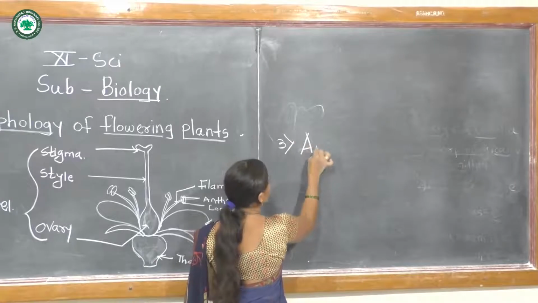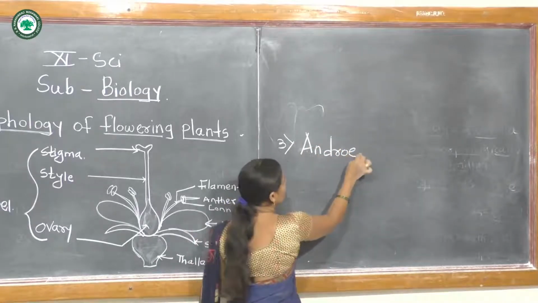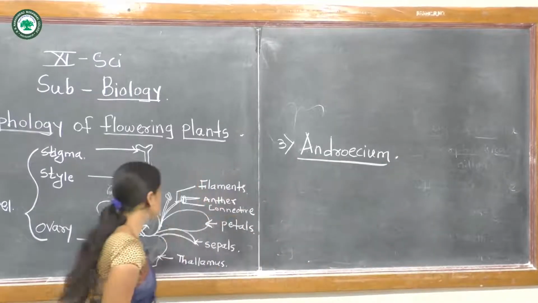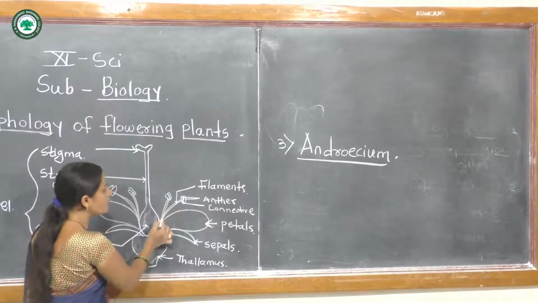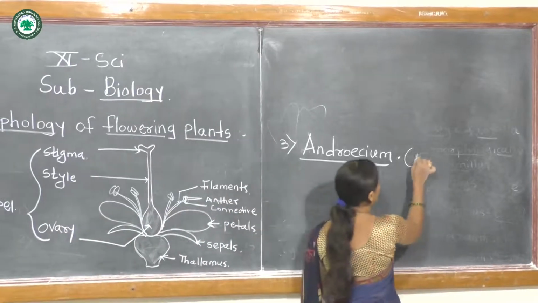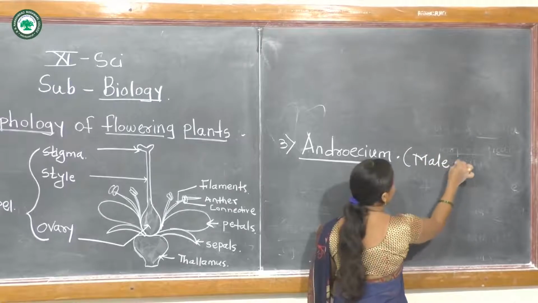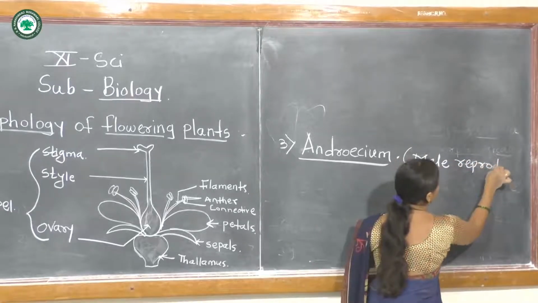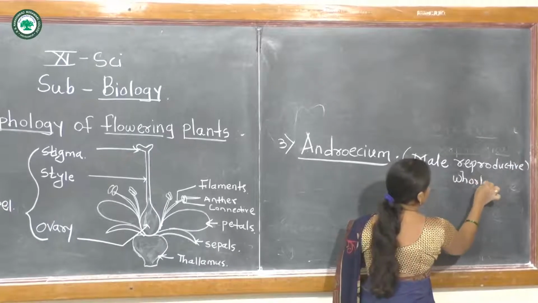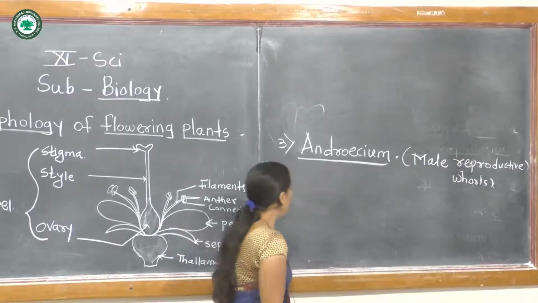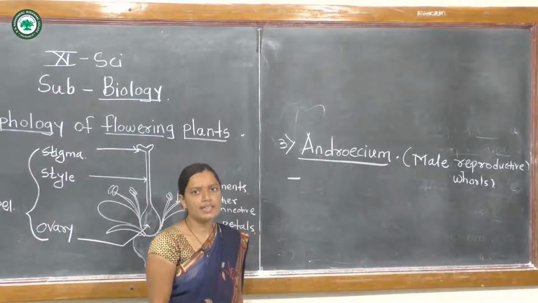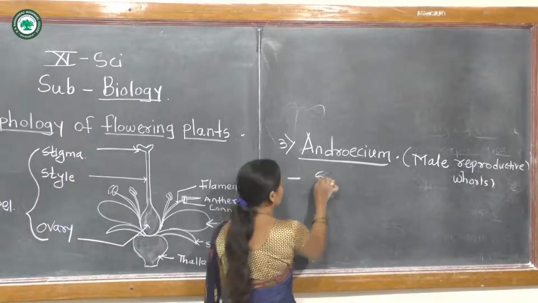This is the androecium. It is the male reproductive floral whorl of the flower. Individually, a single androecium unit is known as the stamen.